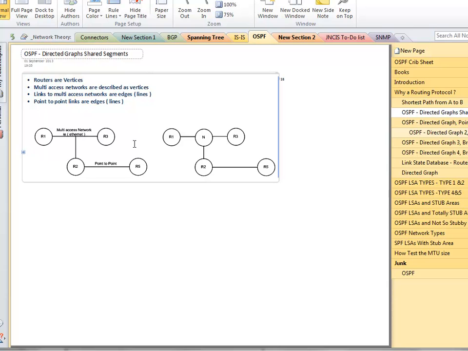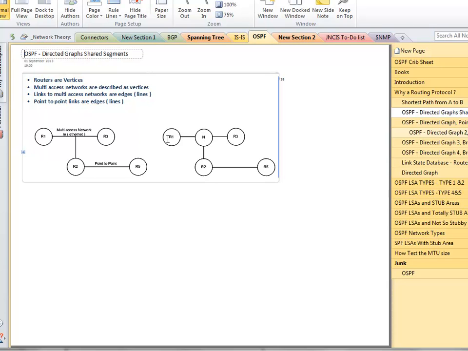The way of dealing with this is to create, if you like, a sort of pseudo node, or to describe the network as a thing itself, as a point. I know this sounds a bit odd, but just imagine this. We can say there's a network 192.168.0.1, and we can describe that as a vertex, and we can say to get to that network there's a certain cost, and from that network there's a certain cost, and we can treat it just as if it was a router.